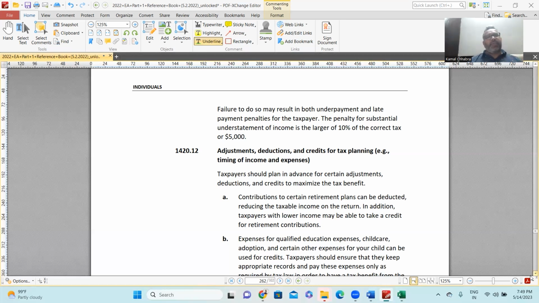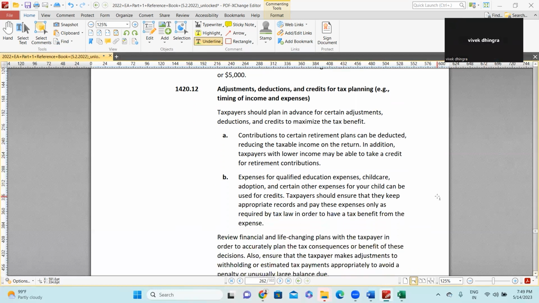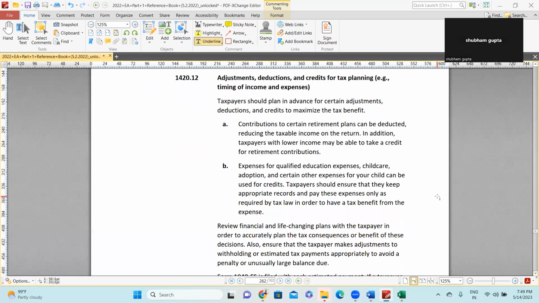That means minimum $5,000 is the penalty. Any doubt? Vivek, Garima, Shubham? Yes, sir. Got it?